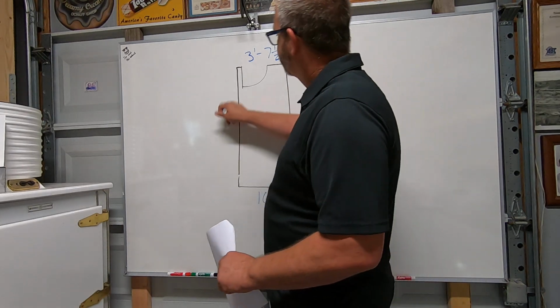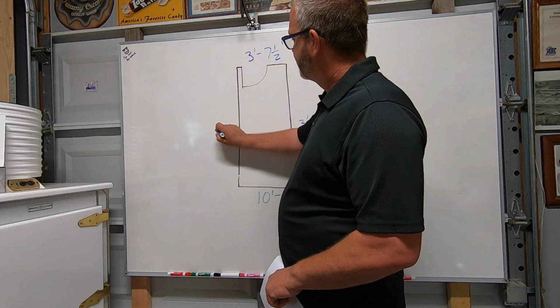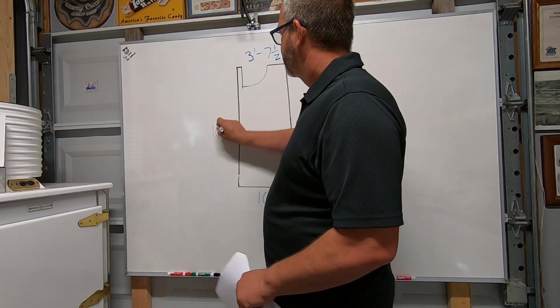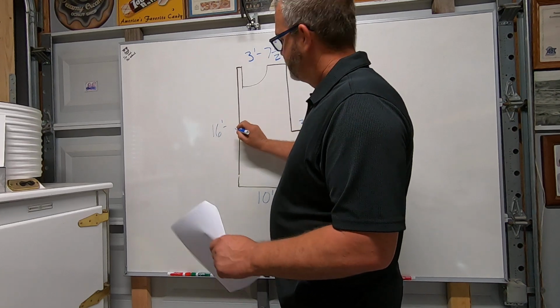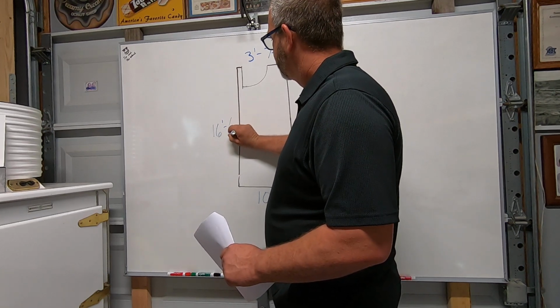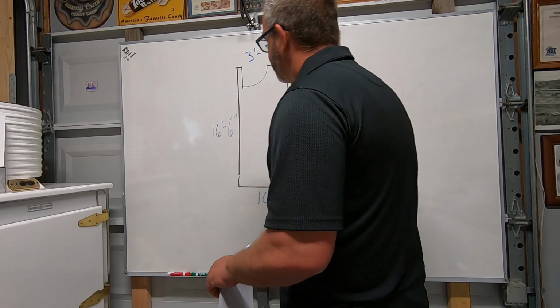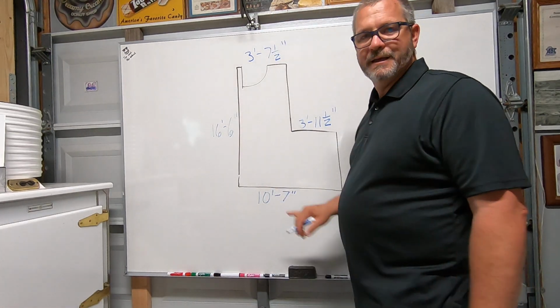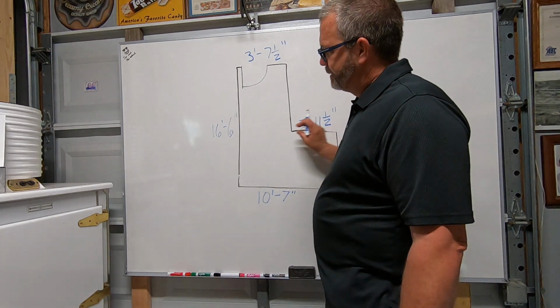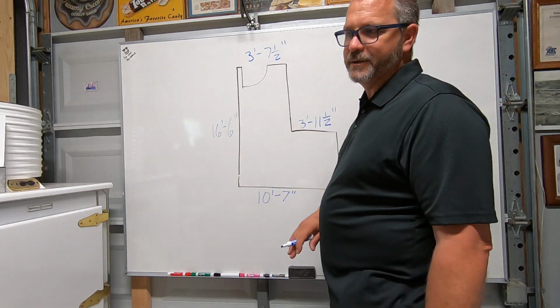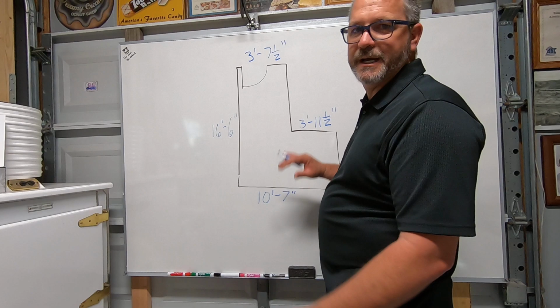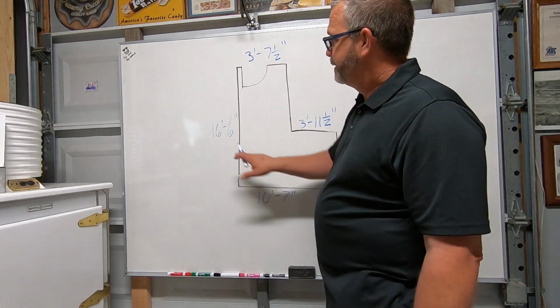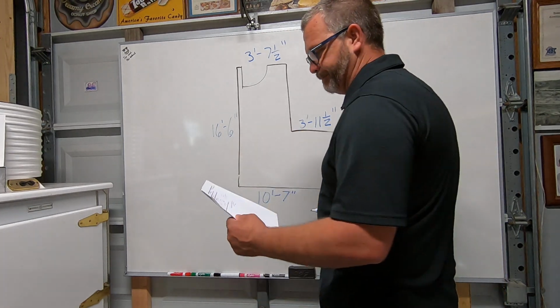Over here, this side wall, 16 feet 6 inches. I had to add the stud wall. If you take a look, you'll see the dimensions on one side go to the inside, the dimensions on the other go to the outside. 16 feet 6 inches.